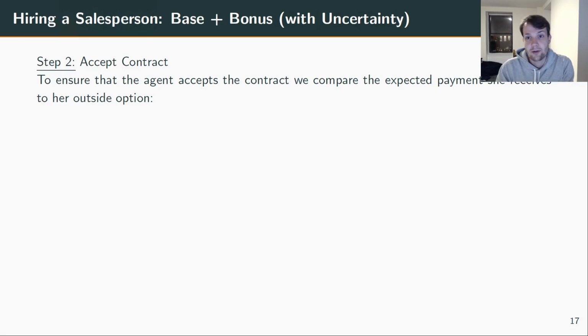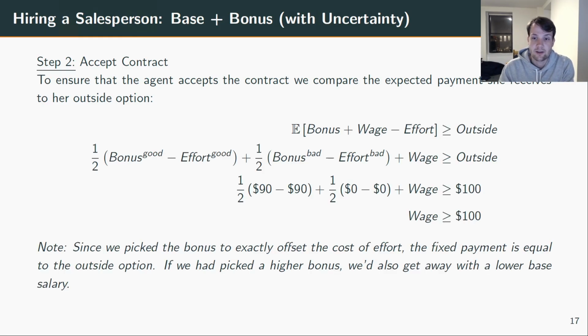Now, we need to ensure that they accept the contract. Again, we're just going to take the expected payment they get. That's the bonus and the wage, minus the cost of effort. Equal probabilities again. So on a good day, it's whatever bonus they get minus the cost of effort. On a bad day, it's the same, plus the wage. On a good day, they're going to work hard. We established that. We're going to pay them $90. On a bad day, they're not going to work hard. We're not going to pay a bonus, and they get the wage.